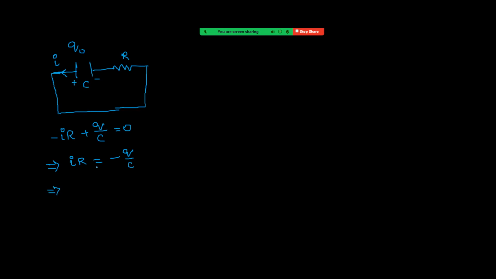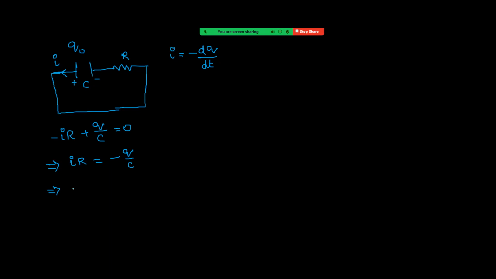Now from this, in the place of I, see what we have to write. Since the charge is decreasing, I is nothing but minus dq by dt, because q is decreasing with time. Therefore dq by dt itself is negative, and the negative of a negative is positive.